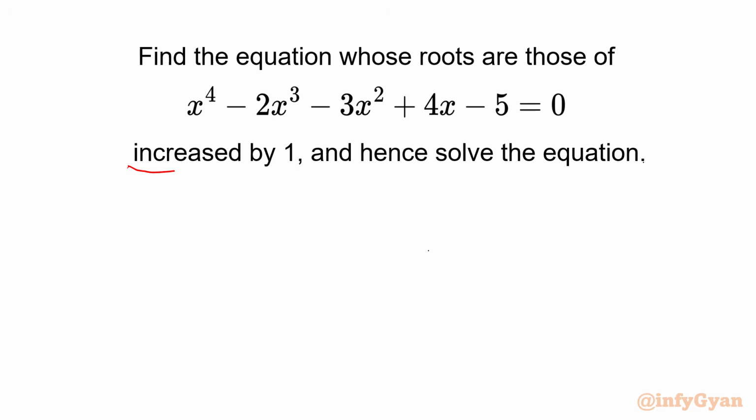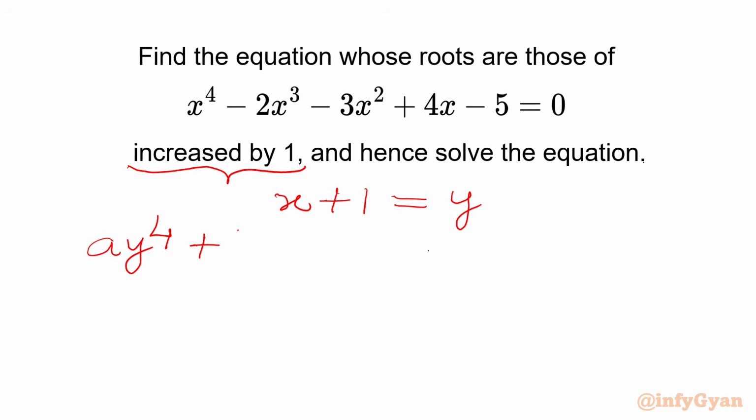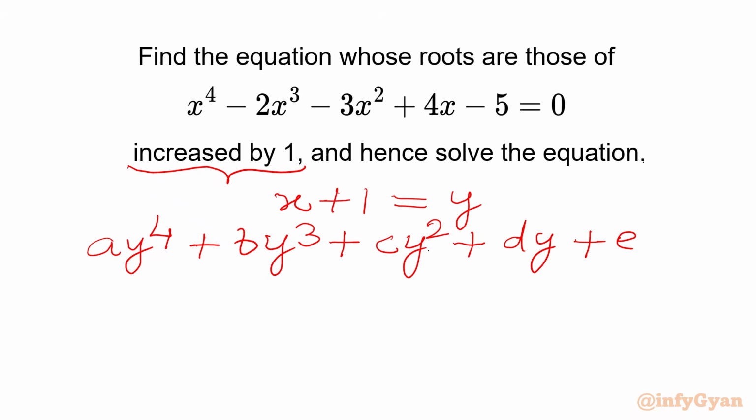We have roots increased by 1. So we can assume x plus 1 equal to y. Now we will frame one quartic in variable y: a y power 4 plus b y cube plus c y square plus d y plus e equal to 0.